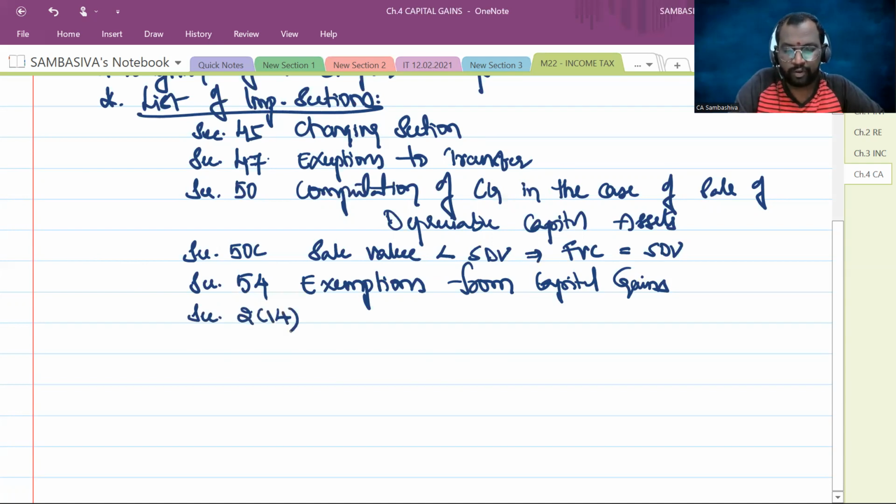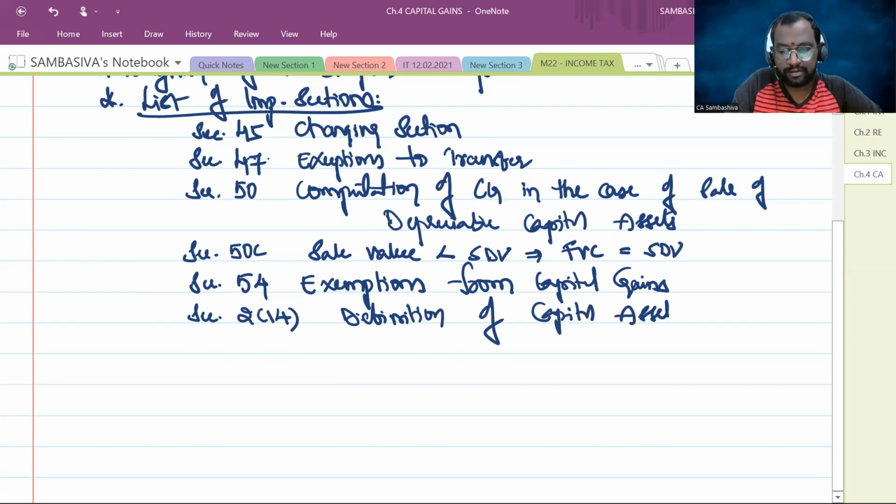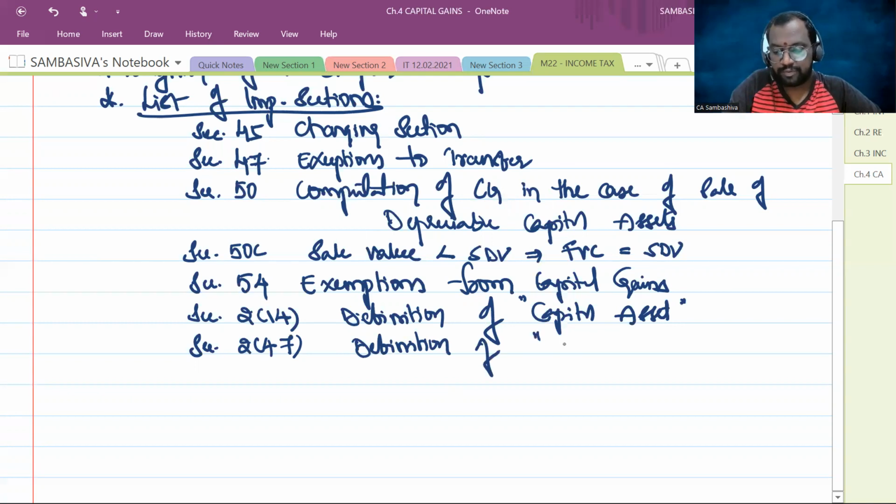Section 2 clause 14 discussed about the definition of capital asset, and then section 2 clause 47 discussed about definition of transfer.